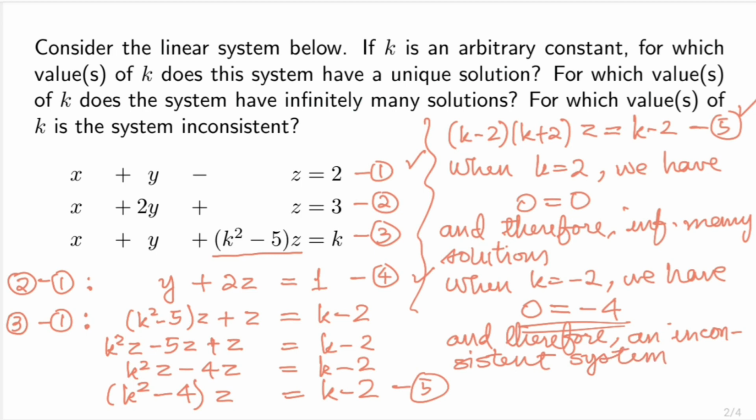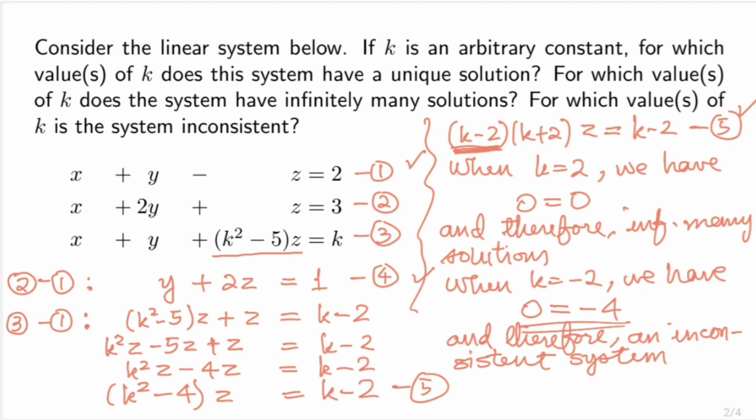All right, so we've seen what happens when k equals 2. We've seen what happens when k equals minus 2. Now let's see, what about a different value for k apart from 2 and minus 2? So let's look at, let's say, k equals 1. When k equals 1, k minus 2 is going to give us minus 1, and k plus 2 is going to give us 3.